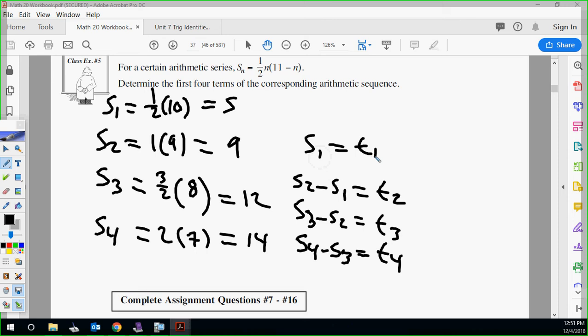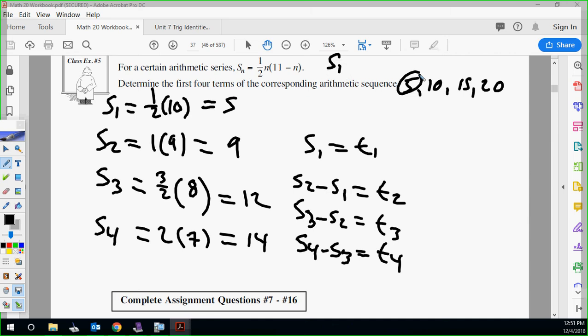Why? Because if I had a pattern of one number, the series and the term would be the same number. Like if I said 5, 10, 15, 20, and I said, what is S of 1? Well, it's 5, because it's the first one.